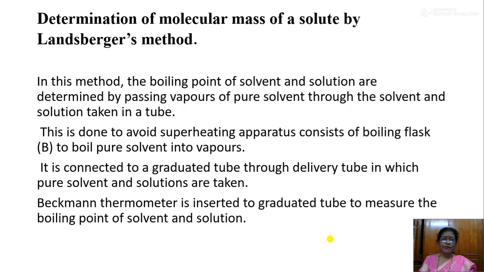You can observe here. Now, this is done to avoid superheating. The apparatus consists of a boiling flask to boil pure solvent into vapor. So, solvent is heated to boil off. It is connected to a graduated tube through a delivery tube in which pure solvent and the solutions are taken.